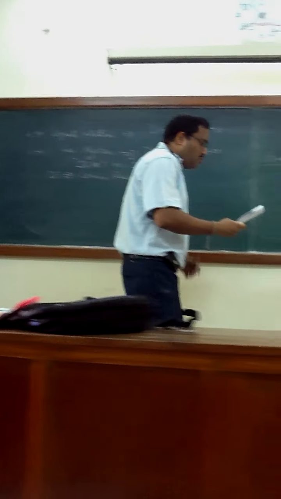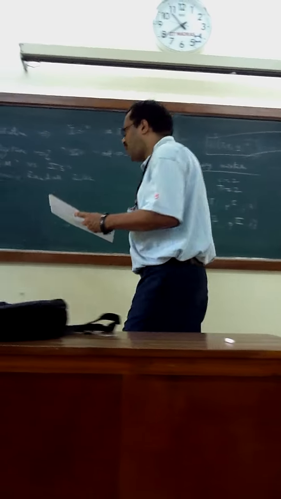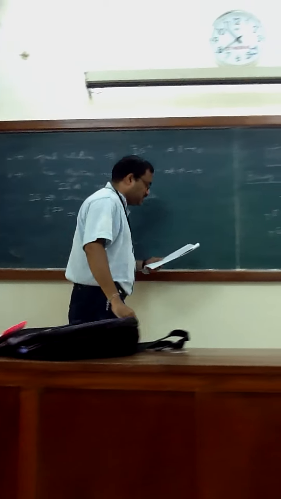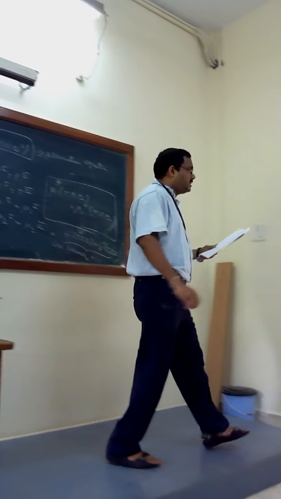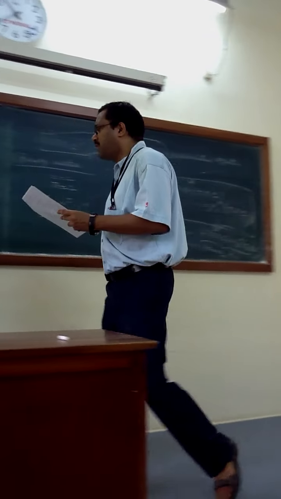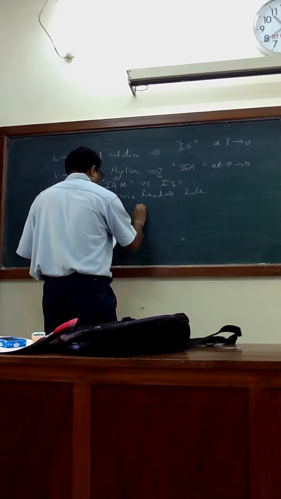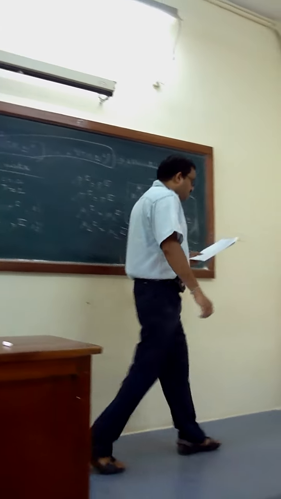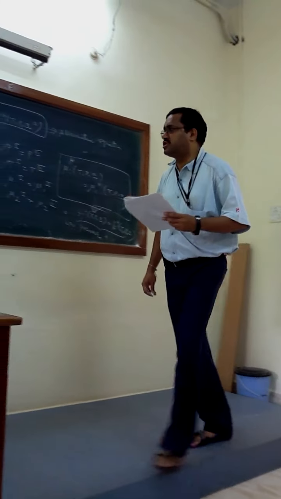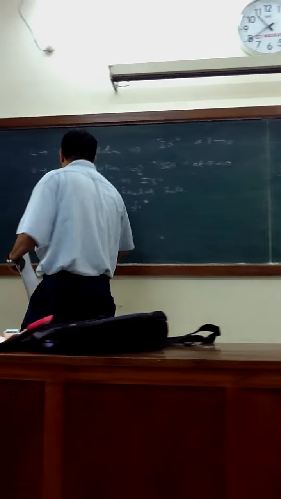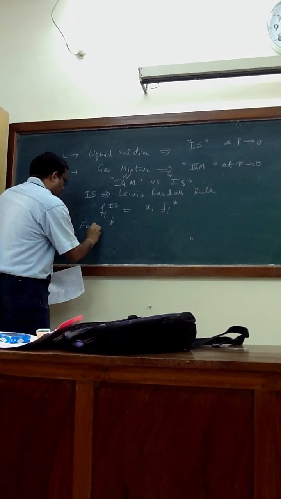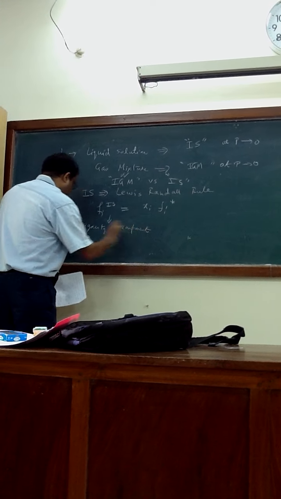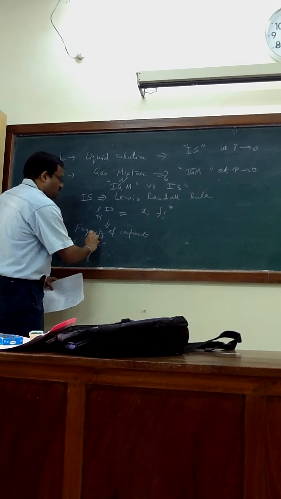So for the fugacity of component i in solution, fi(IS), the fugacity of component i in ideal solution, the Lewis Randall rule says that it is xi fi star.